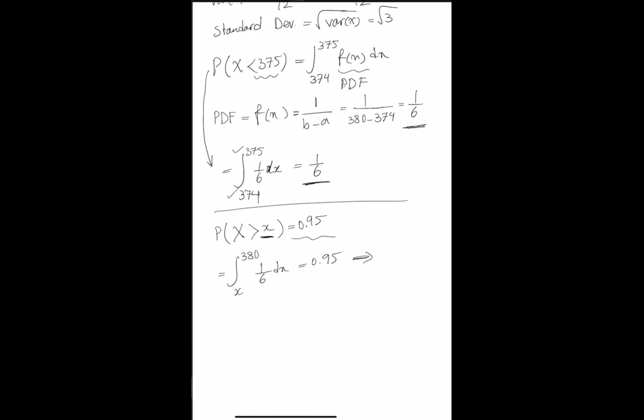So this is going to be 1 over 6 x, from x to 380, or (380 minus x) divided by 6 equals 0.95. And if you solve that, you will find the value of x that can give you what you want. So this value of x is the volume of shampoo where we can say 95% of the shampoos have a volume greater than this number.